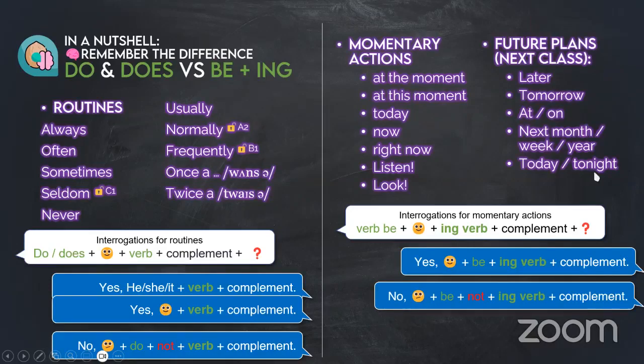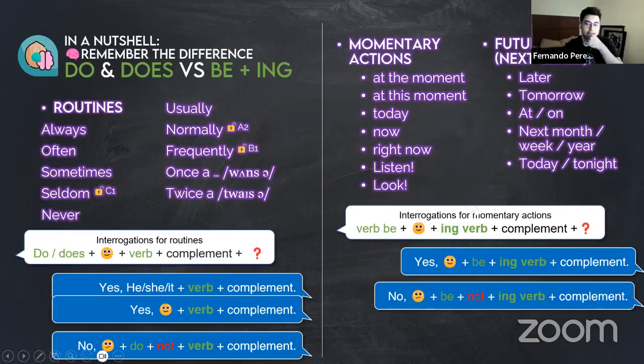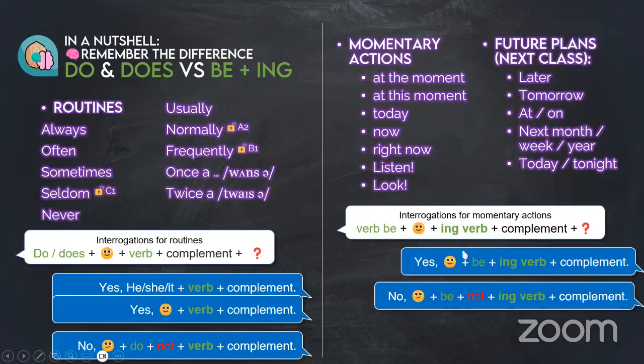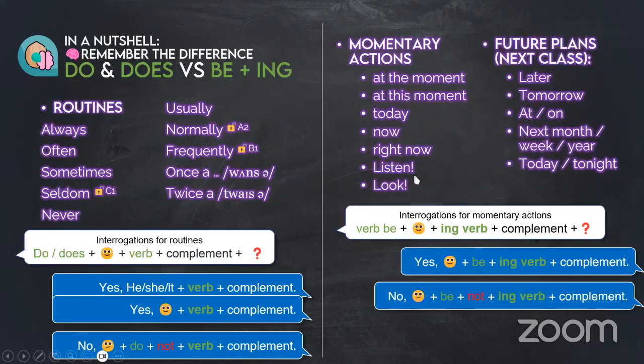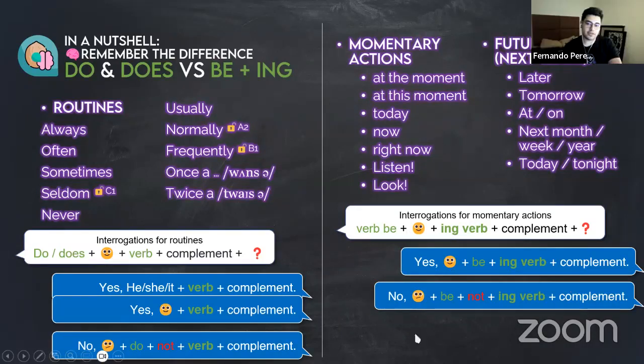Do you see? Okay. Look at the structure that is necessary. So do you, for tonight? No. Again, for tonight, this is a future plan. Look at the structure for tonight.